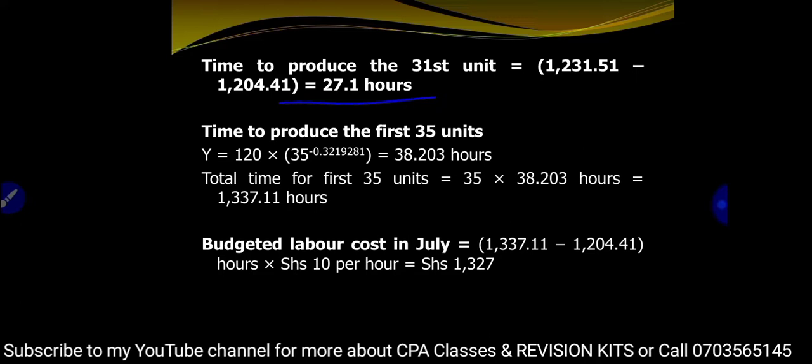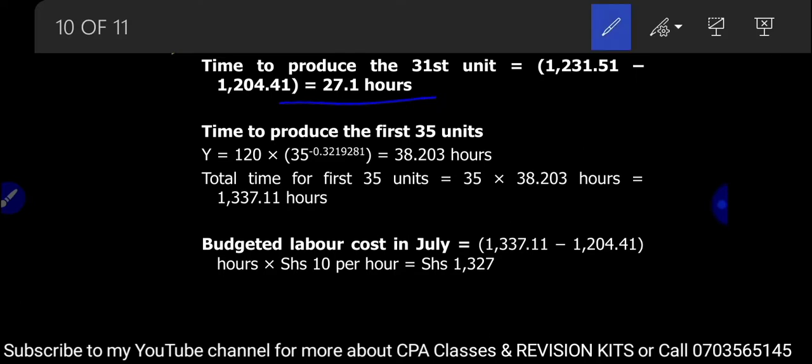Now when it comes to calculating the budgeted labor cost in July, remember, in July we have produced an extra 5 units. So we need to make X 35. We need to find the time taken to produce the 35 units, because by the end of July we have produced 35 units. Our variables remain the same, only that now X has changed to 35.